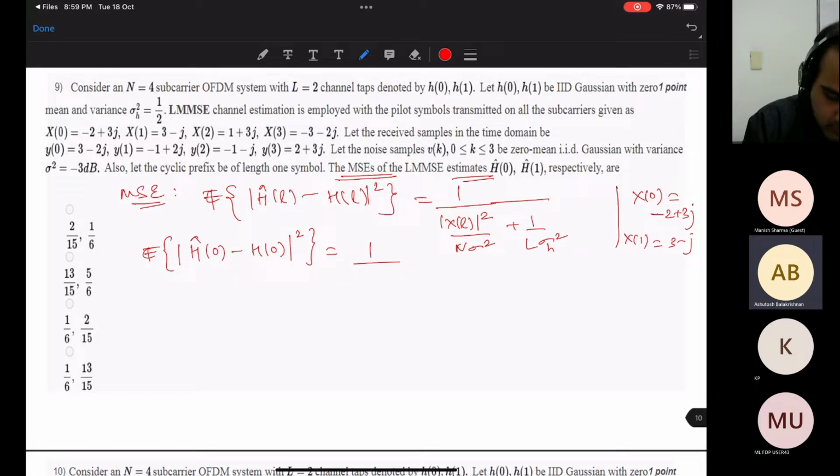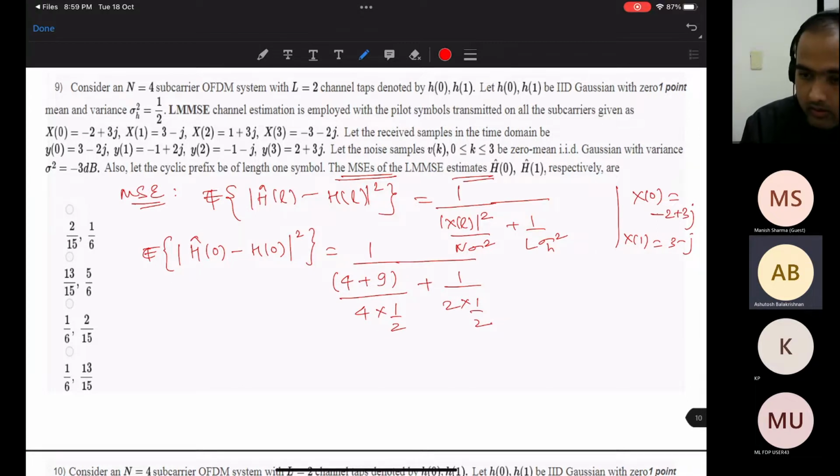We have 4 plus 9 divided by 4 into half plus 1 by 2 into half. Any doubts? And this will come out to be 2 by 15.